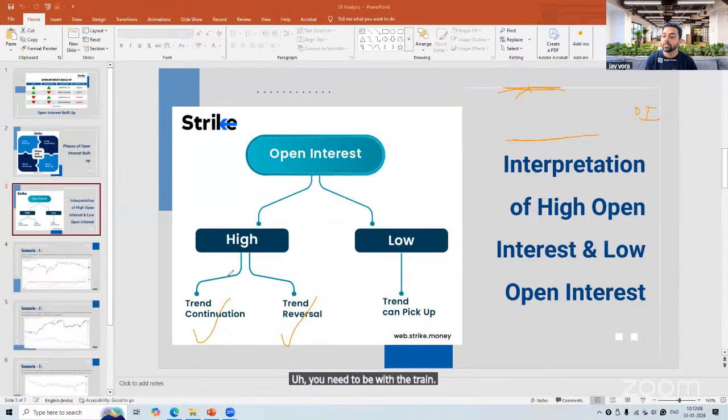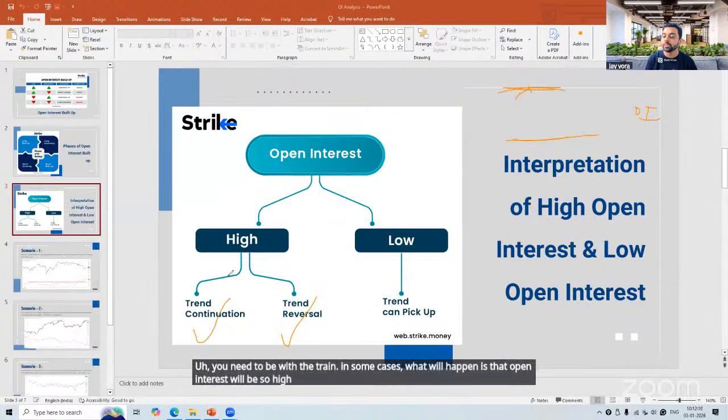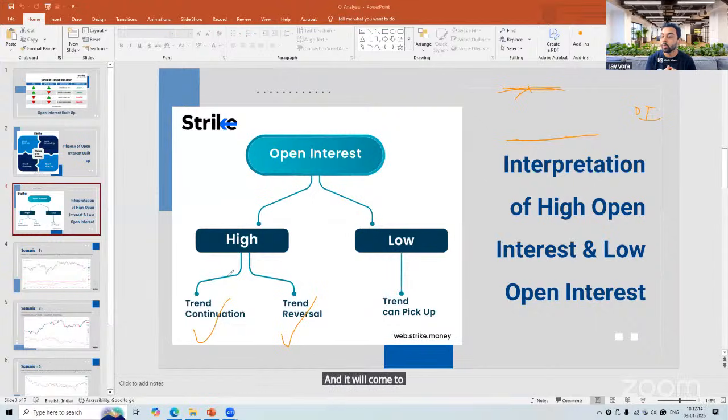In some cases, open interest will be so high due to extreme pessimism, and it will come to important medium to long term supports from where a turnaround has to happen at some point. Usually these are the ones which are very rewarding.